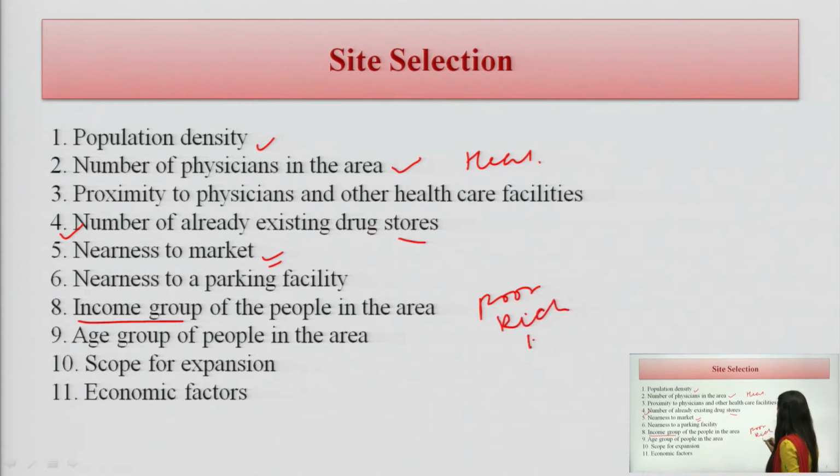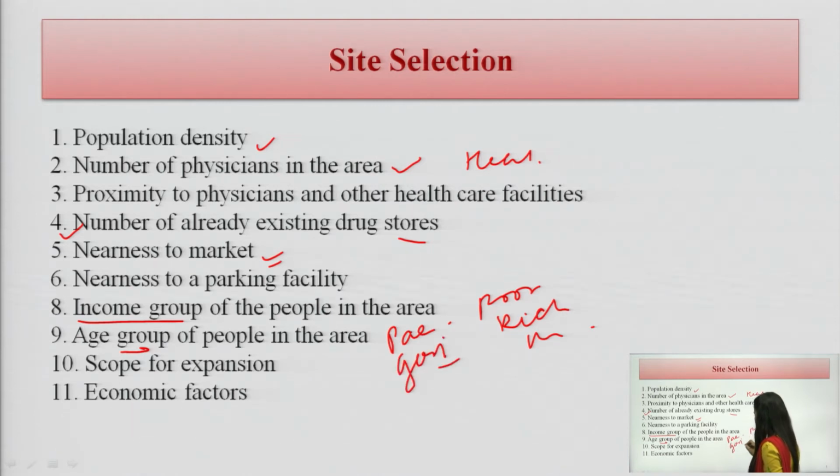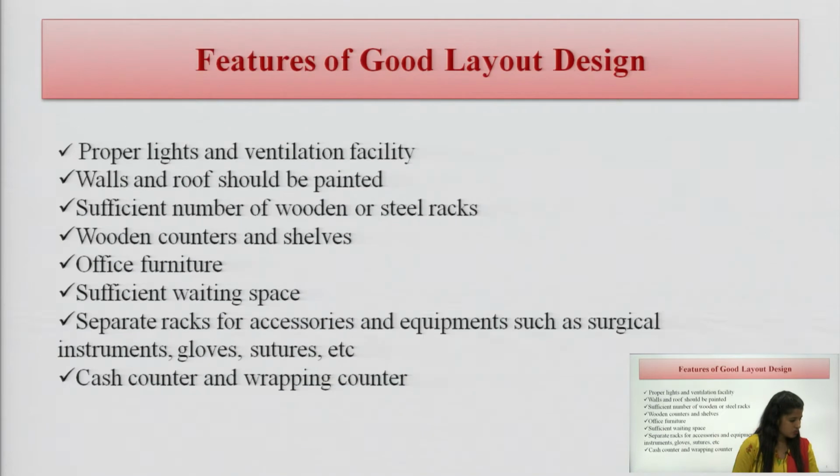What is the age group, meaning whether the people in that area are a pediatric or geriatric population, because we can see more diseases in the pediatric and geriatric groups compared to young people. Scope of expansion: if we want to expand to other products, the area should allow it. And the economic factors, of course, for the retail store or the wholesale drugstore.